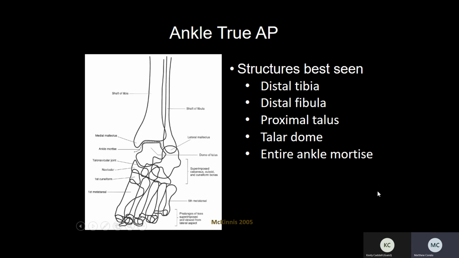What we're going to be able to see is we can see a lot of the same stuff that we're going to see with the true ankle AP, but we're going to be able to see that interface between the distal tibia and the talar dome a lot easier. We're not going to have that superimposition or just that little bit of rotation or skewing.